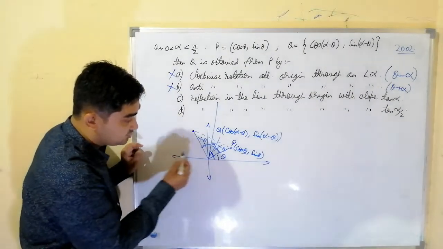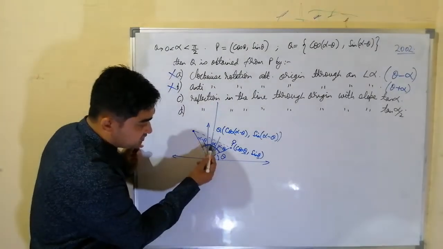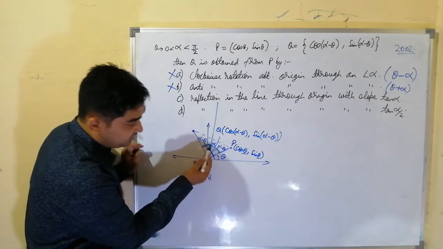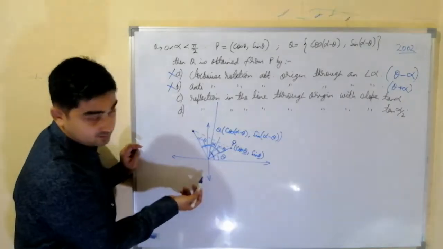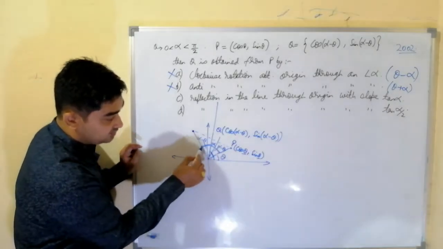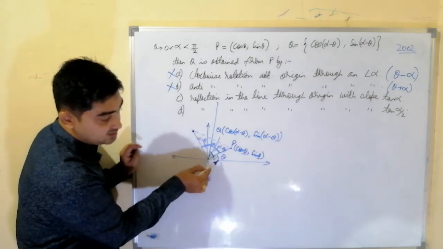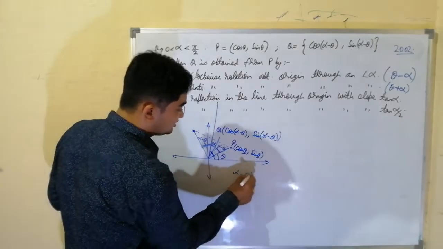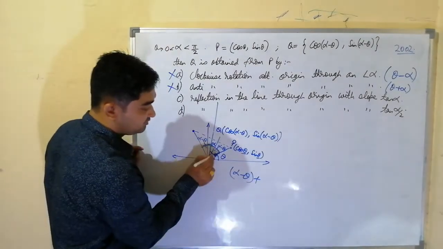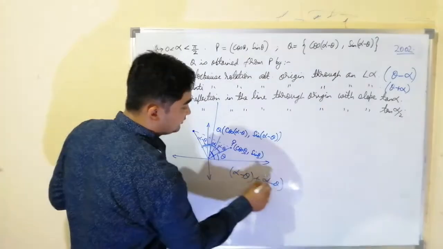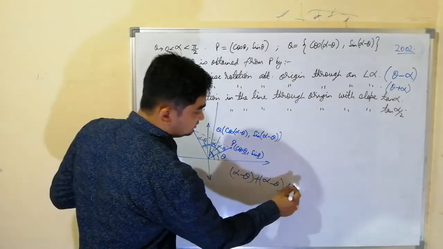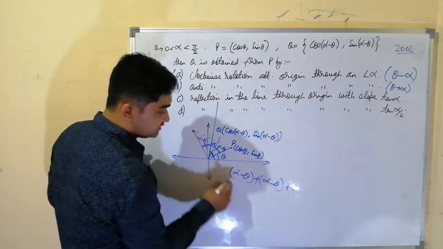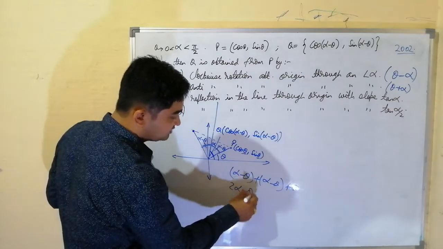The argument of this point is alpha minus theta plus alpha minus theta plus theta. This total is the argument: this part plus this part plus this part. So the total argument of this point is 2 alpha minus theta.